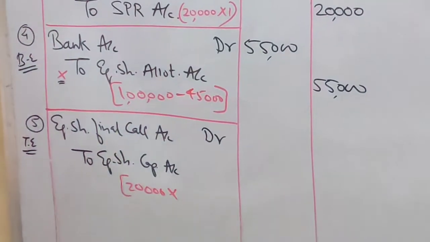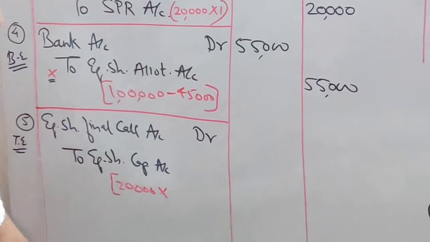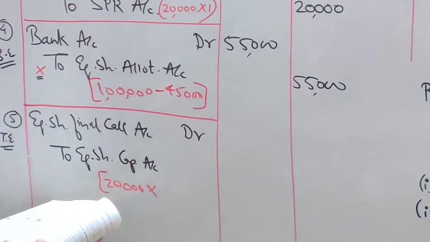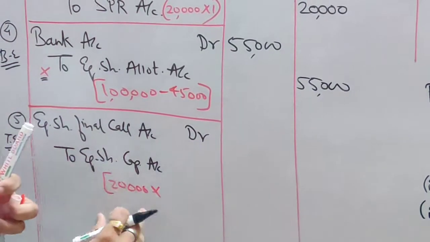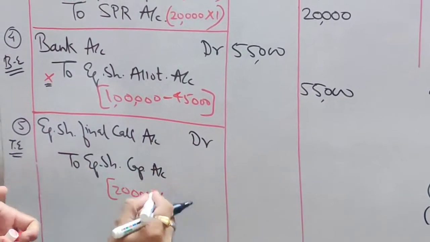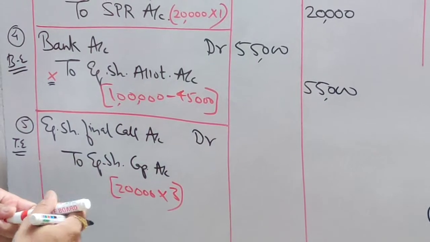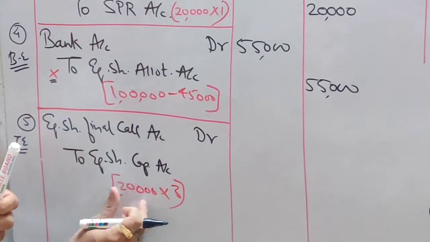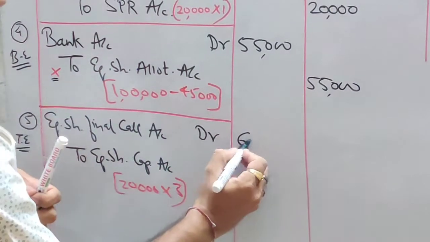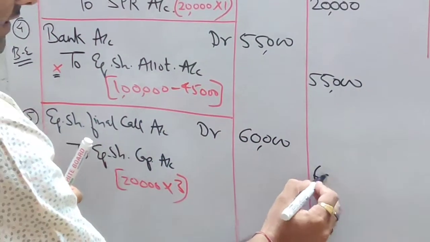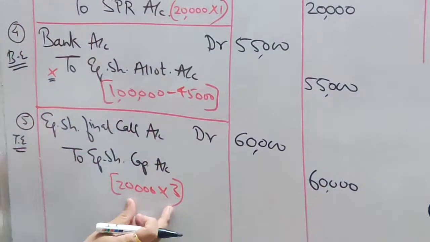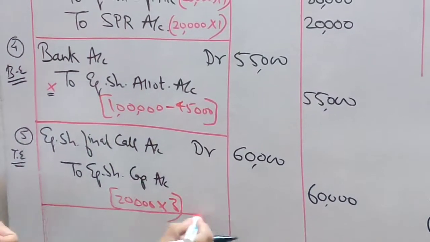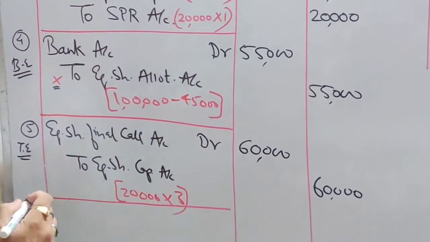Now let's see how much we are asking. We are asking for 3 rupees. So how much we are supposed to receive at the time of final call? At the time of final call, we are expecting to receive 60,000 on final call.